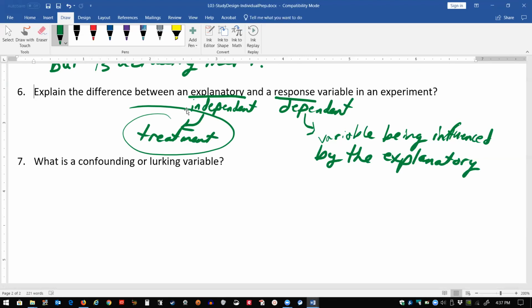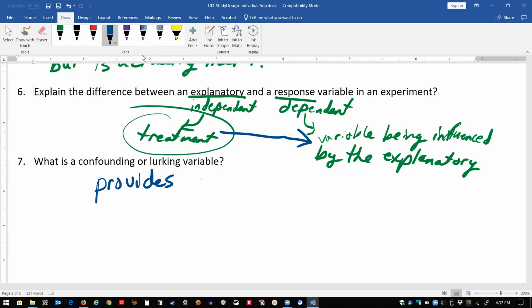If you have it controlled well enough, the confounding and lurking variables provide an alternative explanation. Okay, so we are hoping that the treatment is what explains any change in the response variable. A lurking variable could provide alternative explanations.